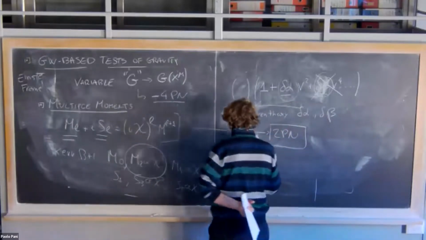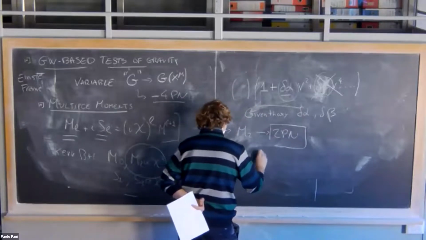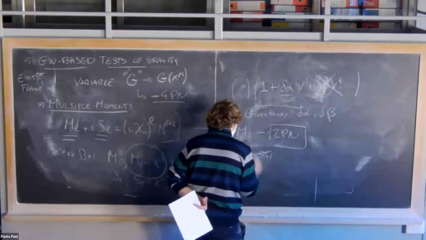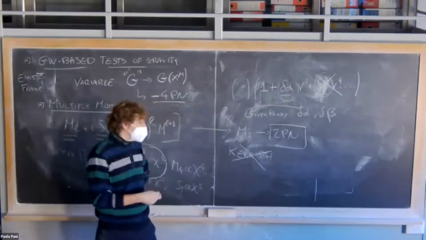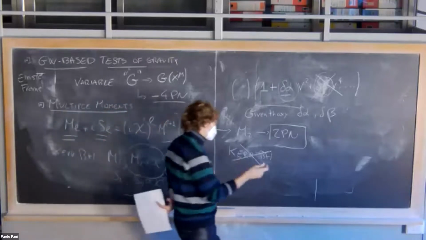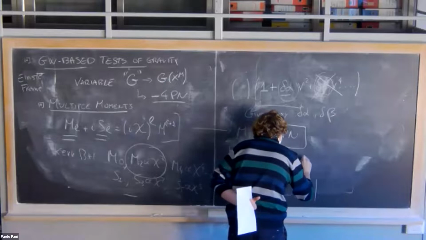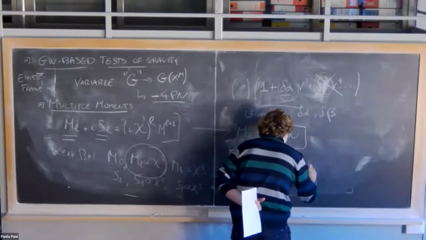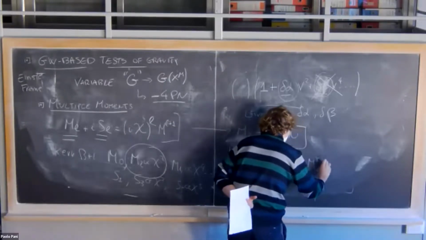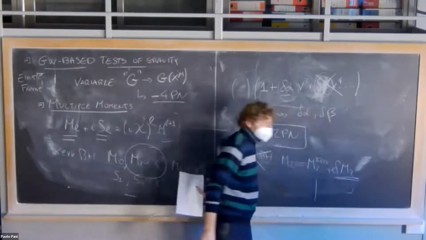So of course, for any other object, so if an object is not a Kerr black hole, so either it is a black hole in modified gravity, or an object which is not a black hole, whatever, a neutron star, M2 would be like M2 Kerr plus delta M2, so some correction.